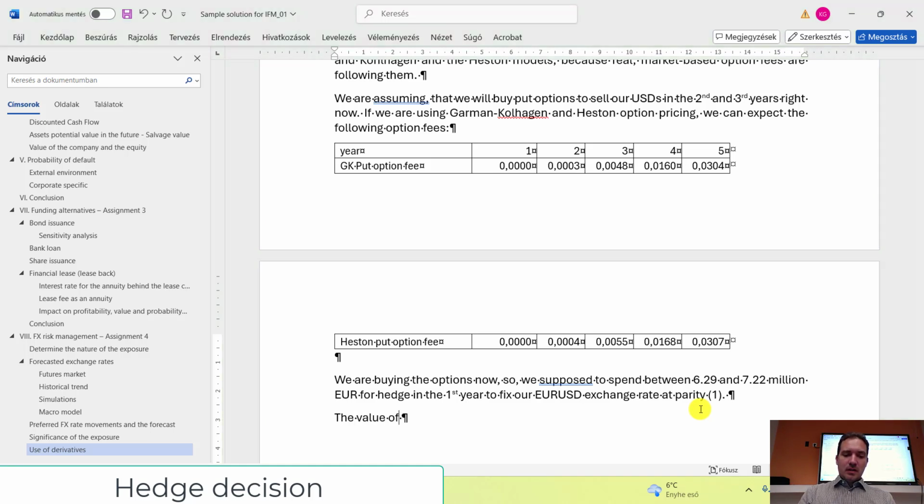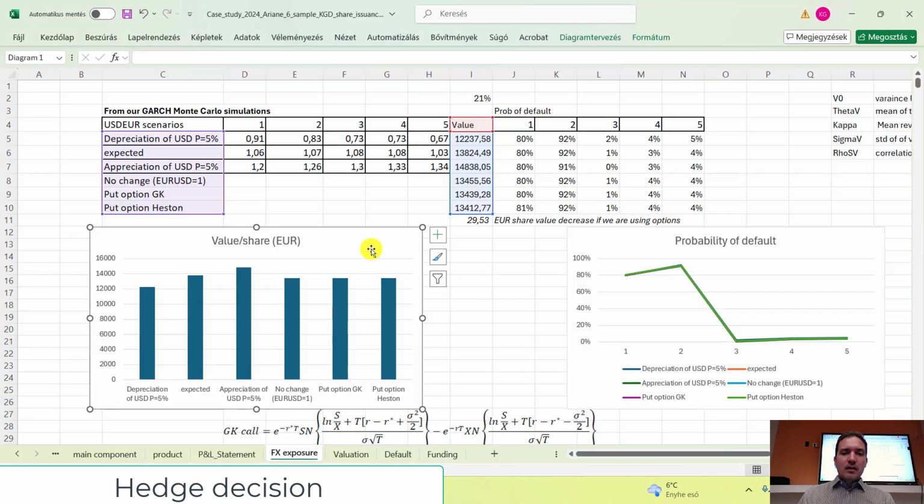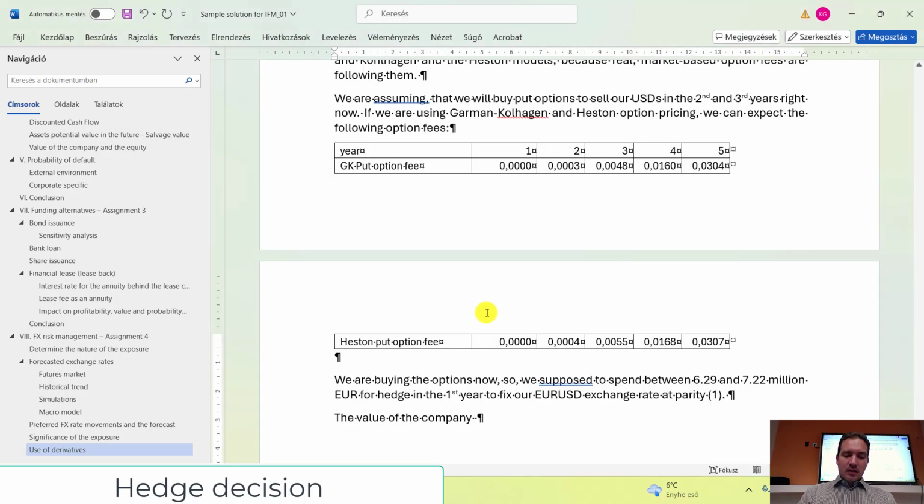Value of the company can be lower due to hedging.